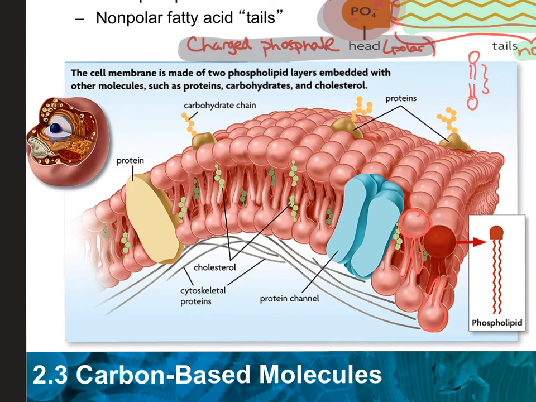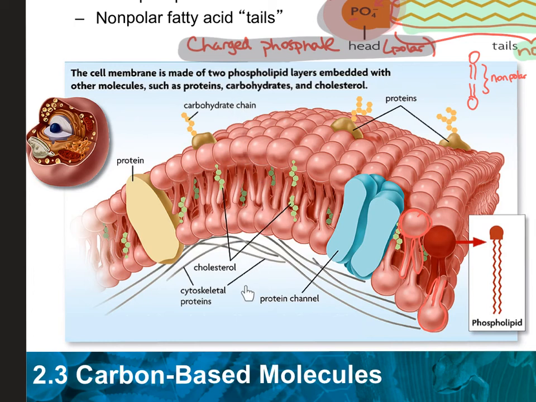And so this portion is nonpolar, and this is outside of the cell. So out here, all of these heads are touching the outside of the cell. This is external of the cell on this side. So that means that in here, this would be internal of the cell.